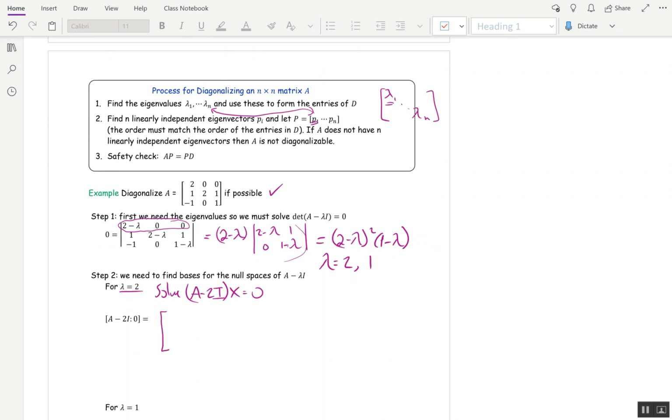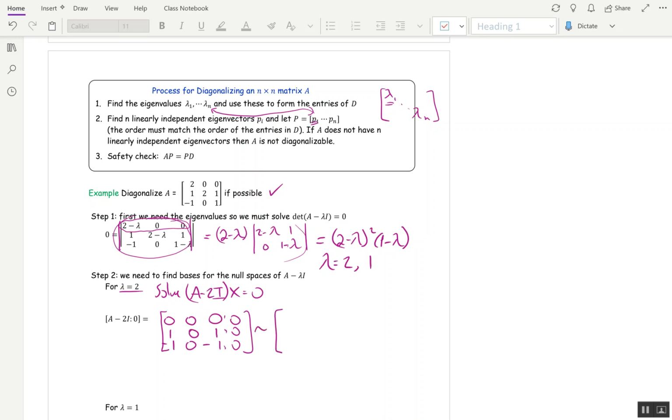And that's going to be, putting 2 in for lambda, although this is determinant, so these are straight bars, and here I want literally the matrix, so I'm using matrix notation. We'll get 0, 0, 0 across the top, and then 1, 0, 1, and then negative 1, 0, negative 1, 0, 0, 0.